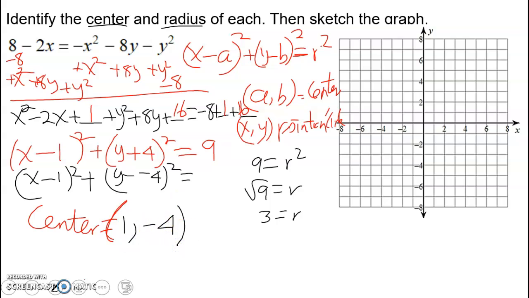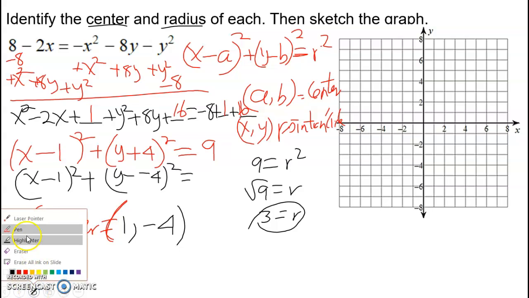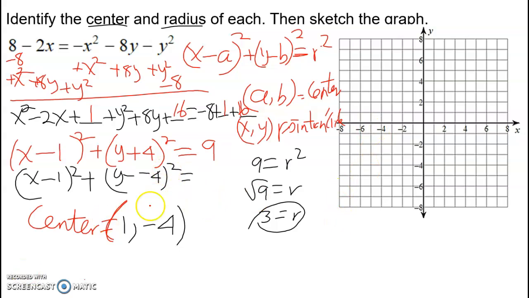Again, it's not 4 and negative 1. It's 1 and negative 4, because you have to find the difference between the two numbers. You're not adding them. Make sense? Okay. And we have already found the radius. And now to graph it, we are going to plot the center.